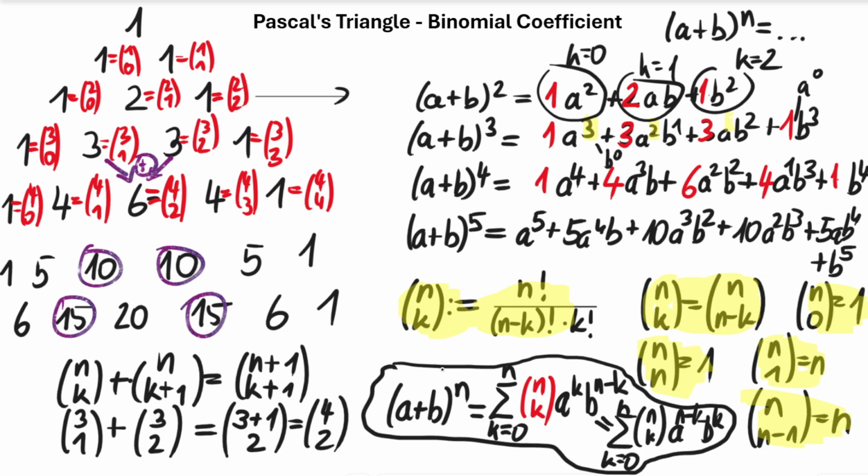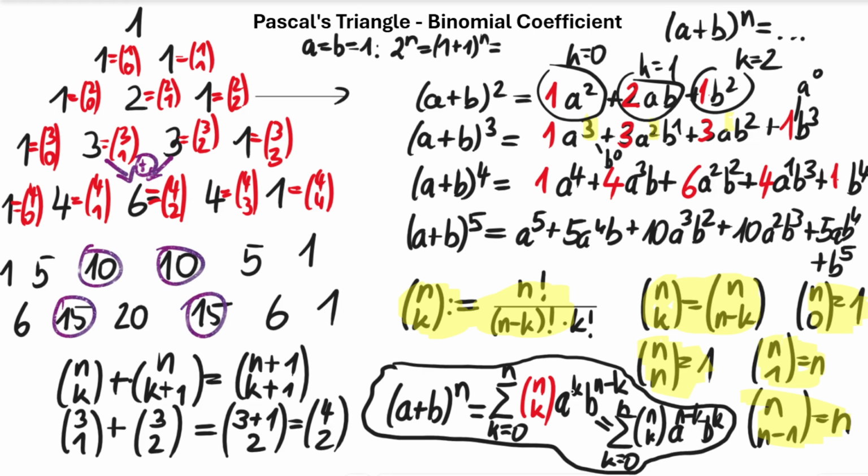One last property on this is the following. I will directly write it up here. So if you plug in for a and b equal 1, then you have here 1 plus 1 to the power of n. 1 plus 1 is 2. And you also have a summation formula.